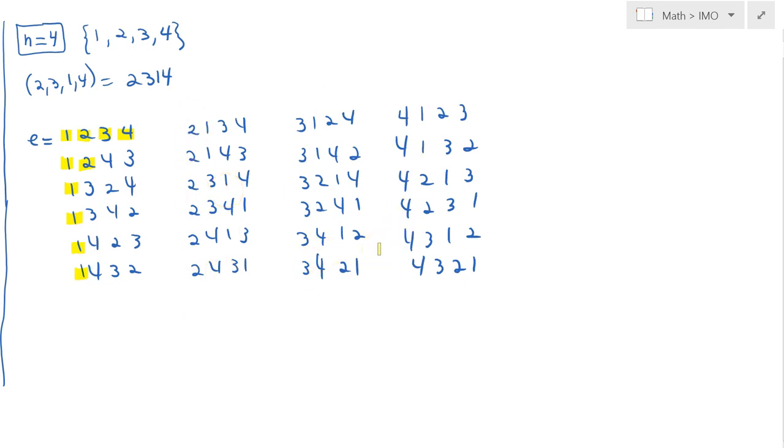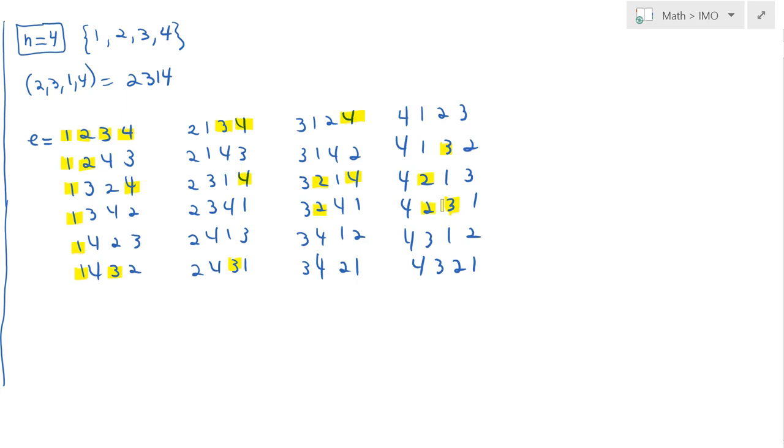How about the 2 being in the second place? Those two and those two as well. How about 3 being in the third place? Here, here, none here, and then 3 is here. And finally the 4 in the last location.